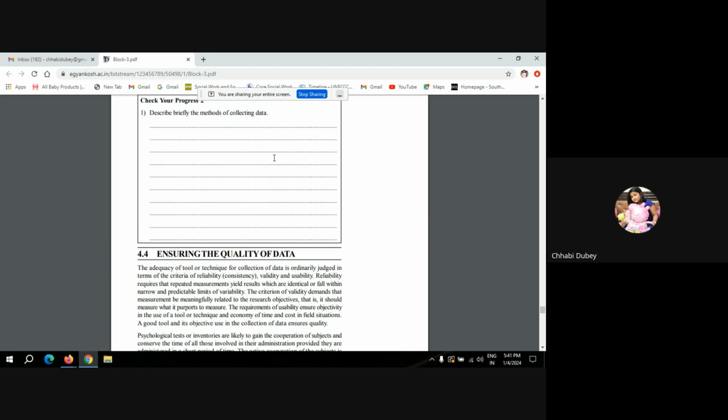And usability ensures objectivity in the use of the tool or technique and economy of time. All of these things need to be taken into consideration when choosing the tool for collecting the data.